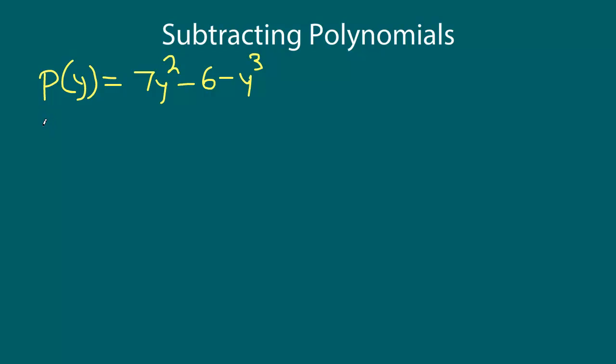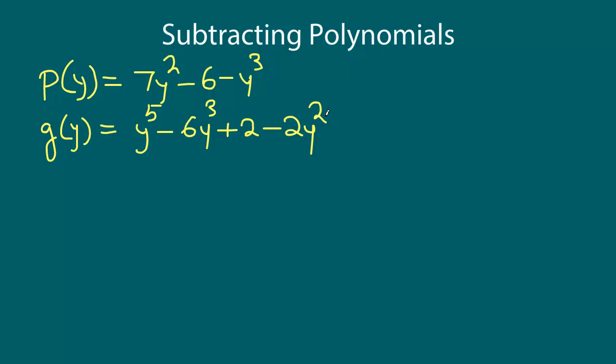And let's say then gy, which is our second polynomial, is defined as y to the power 5 minus 6y cubed plus 2 minus 2y squared. And we are doing the same thing. We are looking to find out polynomial py minus polynomial gy.